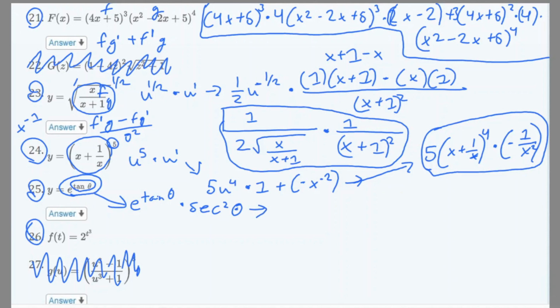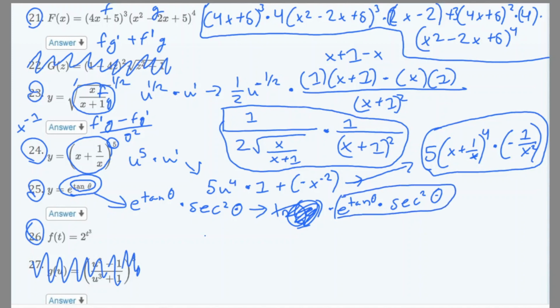And now e to the anything power really is just going to be e to the anything power, or rather, if you want to get technical, the derivative of e to the 10 power would be ln e multiplied by e to the 10, because of the chain rule, multiplied by secant squared theta. And ln of e is just 1, so that's why we don't bother writing that. So you would just be left with e to the power of tan theta multiplied by secant squared theta, and that would be your final answer.